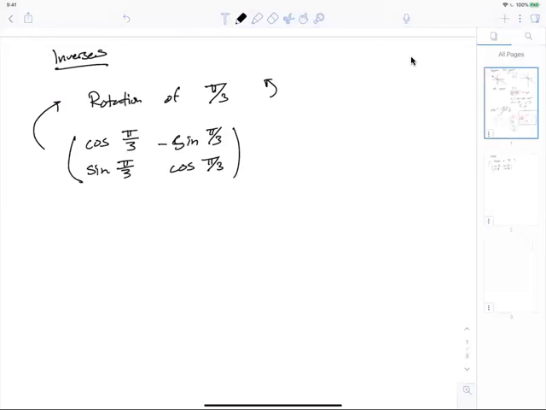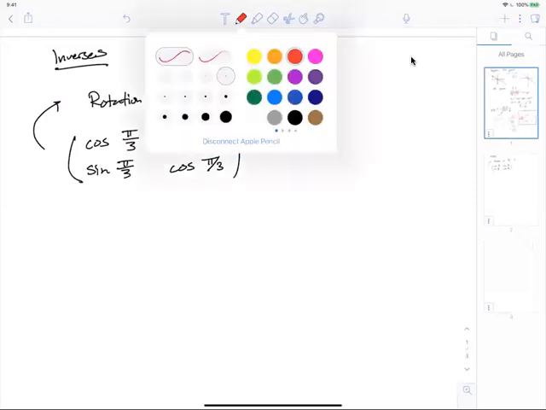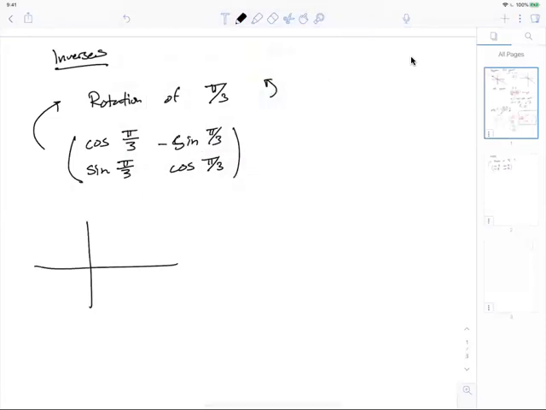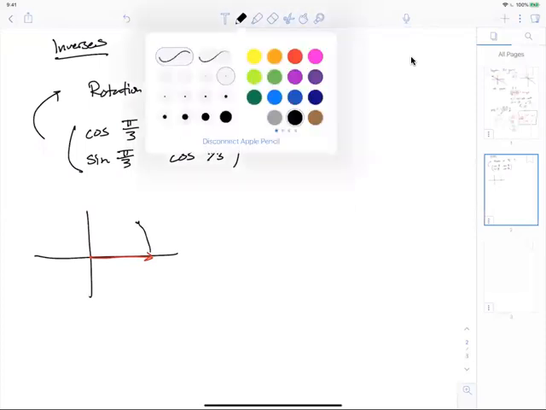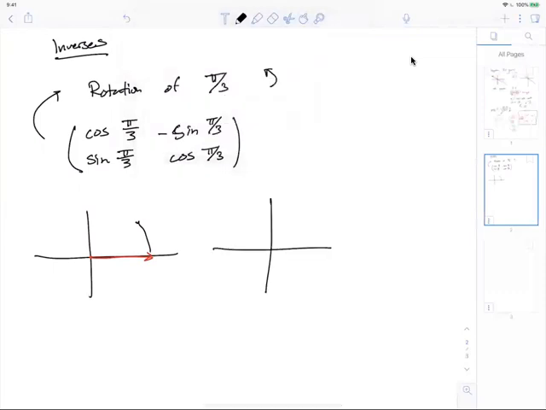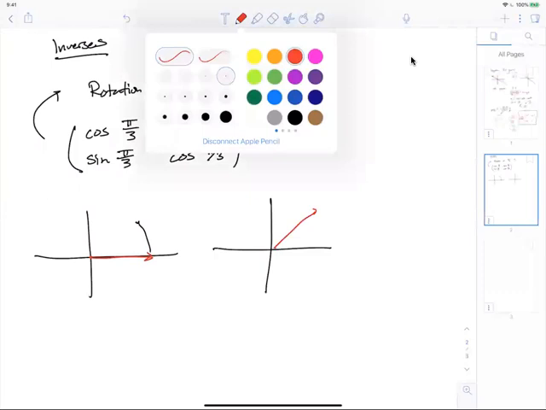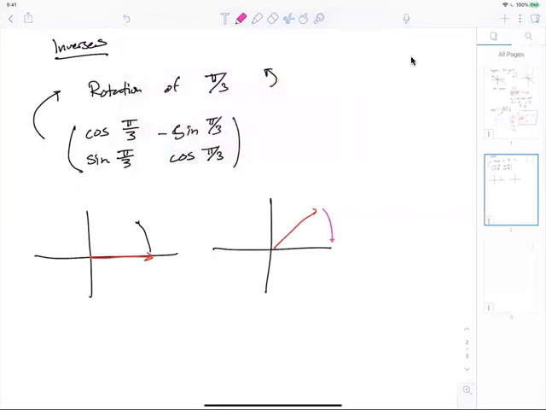But now what undoes this? So we want to ask the question, if you rotate pi over 3, and you end up with this vector, what transformation is always going to get you back to where you started?